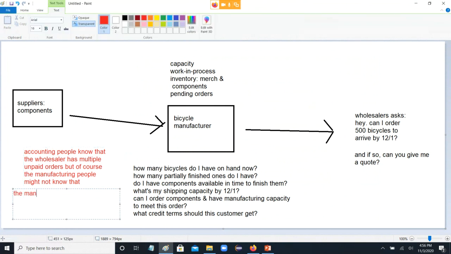Or the manufacturing people might know that the wholesaler has just put in some large-scale orders, and should be charged a different interest rate.